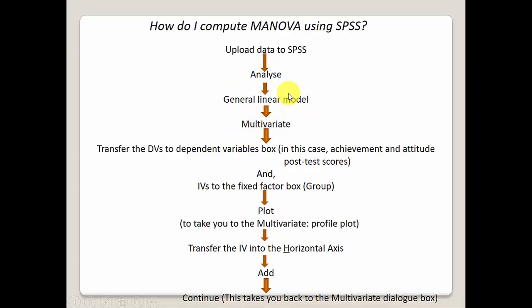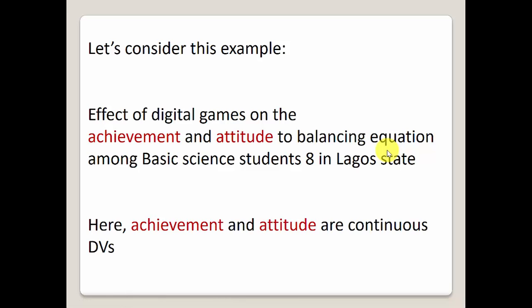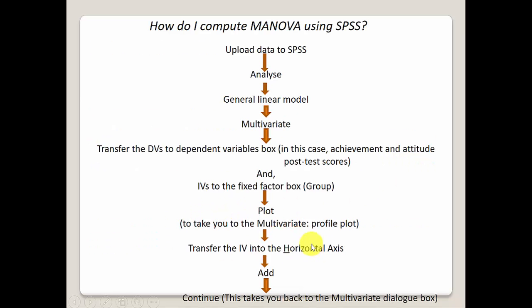Then the next one is you transfer the dependent variables to the dependent variable box. Like the example I gave on slide 7, the post-test scores will be used, the post-test scores of the achievement test and that of attitude. Then you go on to your independent variable.